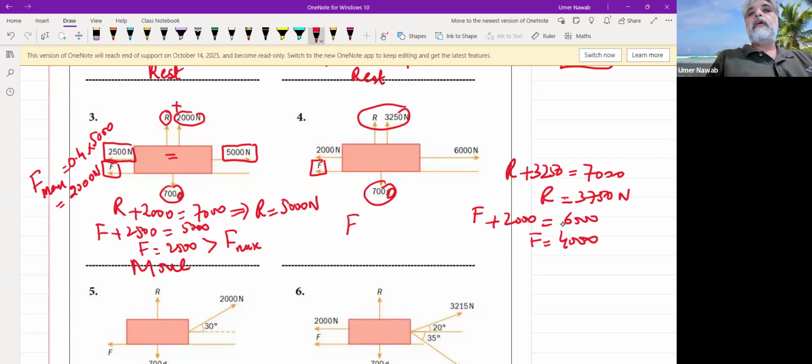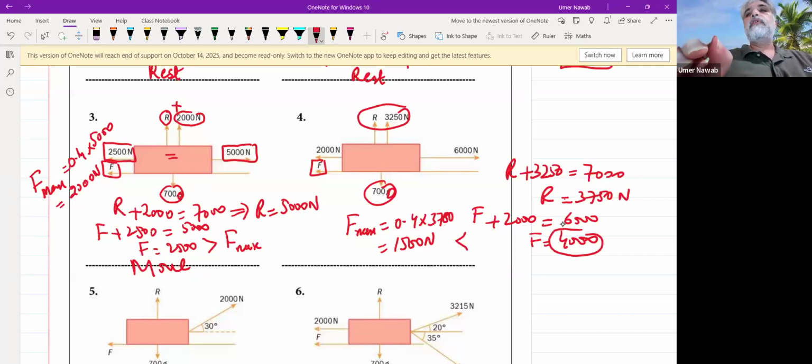Let me try to get my F max in this case. Mu was 0.4 times 3,750. When I calculate my F max, it comes to 1,500 newtons. Now, F max is smaller than the force F, which is 4,000. So it means the body will definitely move towards the right.